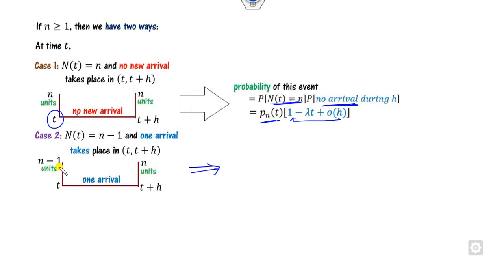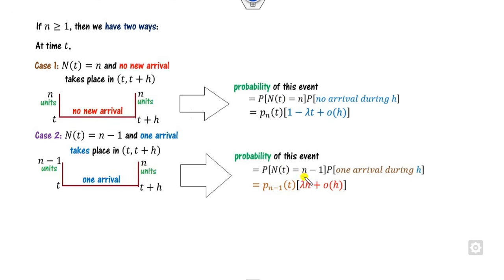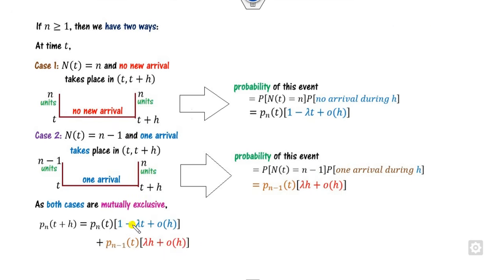Corresponding to this is the probability of n minus 1 events and 1 arrival. We already defined the probability of 1 arrival, this is here. Now since both events are disjoint, we can write the total probability as this plus this.